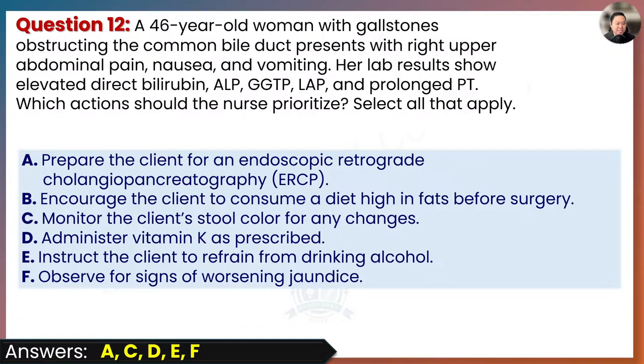Now, what about letter D? Administer vitamin K as prescribed. Well, her lab results show elevated direct bilirubin, and it includes a prolonged PT.